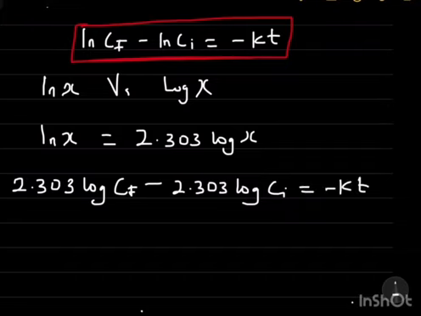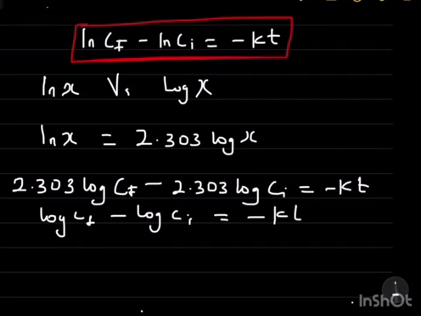And if we divide through by 2.303, we have log C final minus log C initial equals minus kt over 2.303.